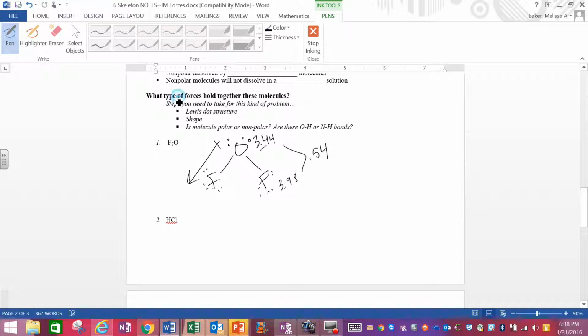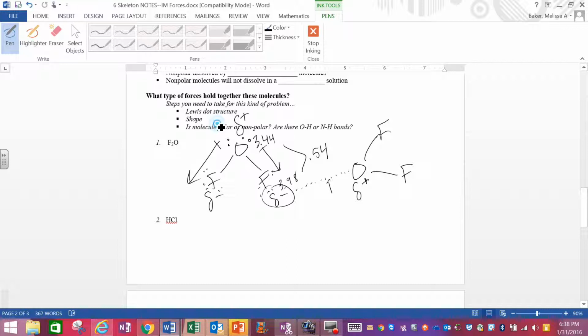So the fluorine is pulling electron cloud from the oxygen, leaving the oxygen partially positive and each of these fluorines partially negative. I like to draw the force as a dotted line. Another OF2 molecule that's nearby is going to have an oxygen that's attracted to this partially negatively charged fluorine.